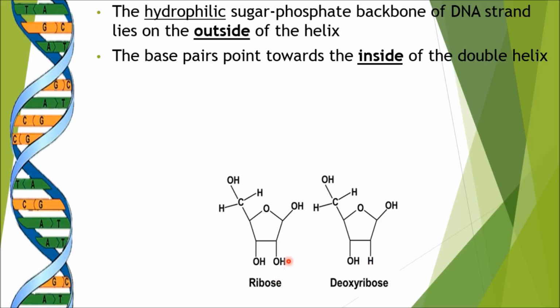So the ribose sugar, we got the hydroxyl group here, and the deoxyribose sugar, we got the hydrogen atom here. Based on the stability, DNA is much more stable than RNA. It is because the hydroxyl group here can act as a nucleophile that donates an electron to the electrophile.